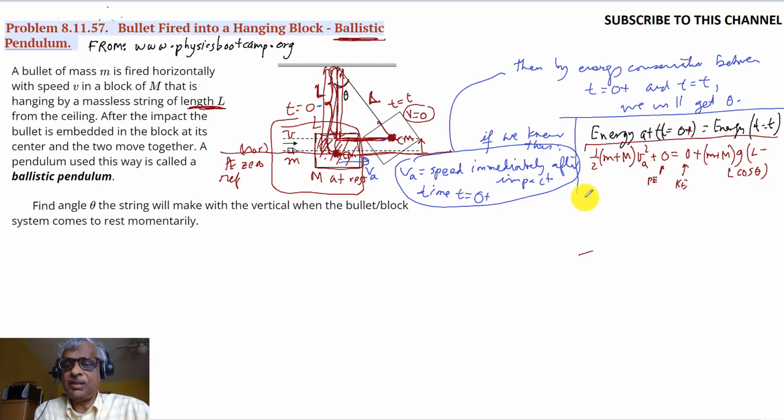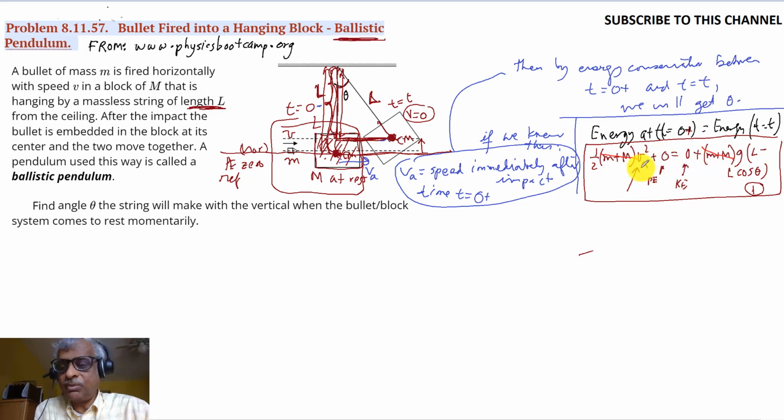So you can see that if I know this, then I can figure out theta in terms of g and L and things like that. So this one simplifies a little bit. Mass cancels out, and you can rewrite everything, but I'm going to just leave it here. Then I'm going to come back to it.